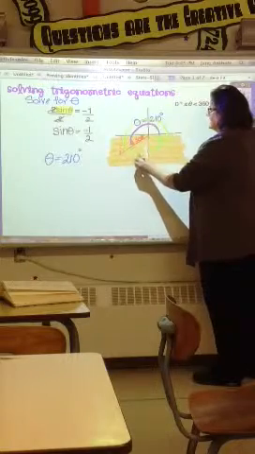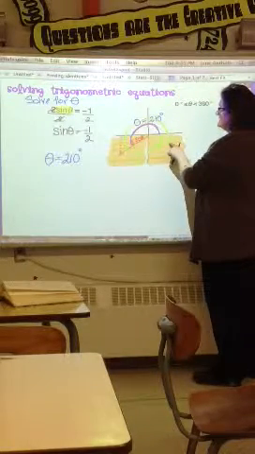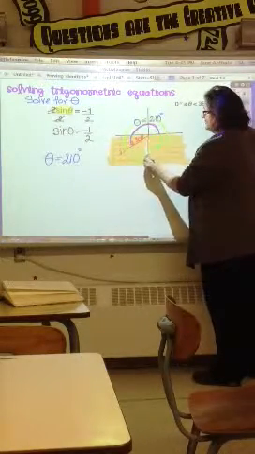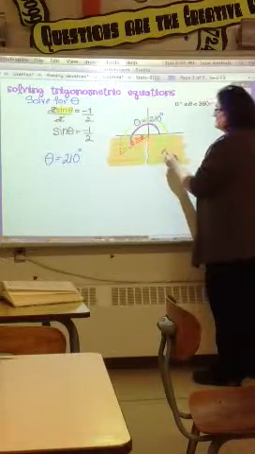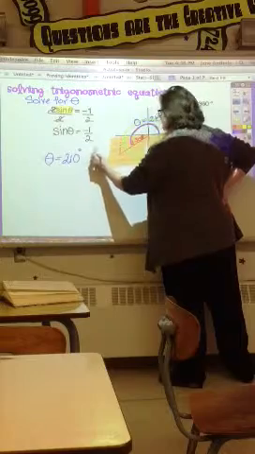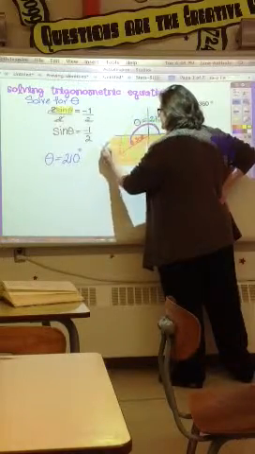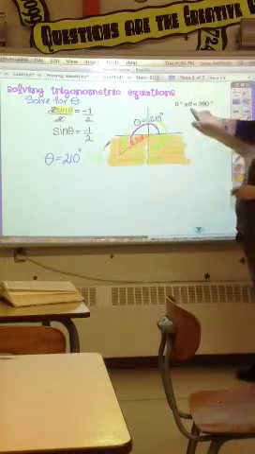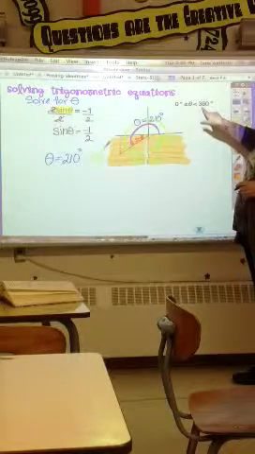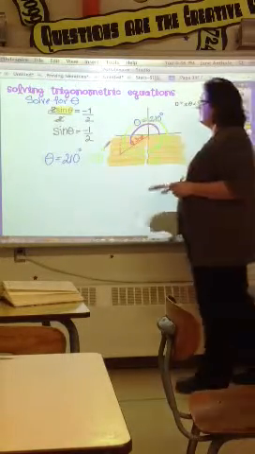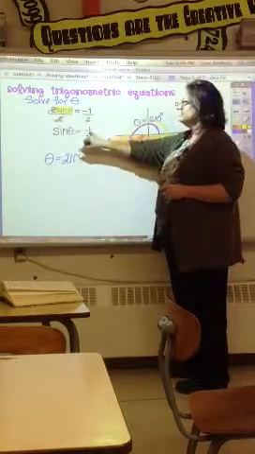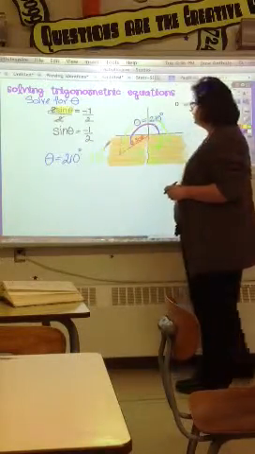So in this case, theta is 360 minus 30, or 330 degrees. Both of those angles fall within 0 and 360 degrees. Those are the only two places where you will find sine equal to a negative 1/2 ratio.